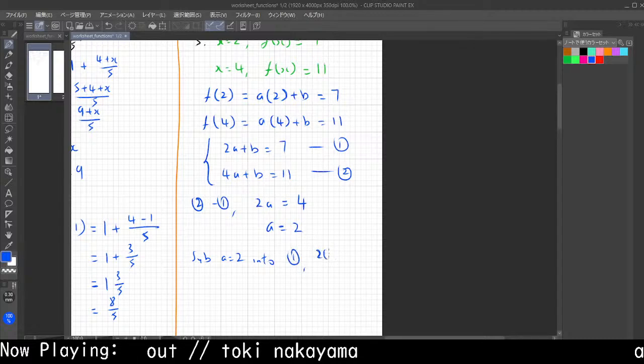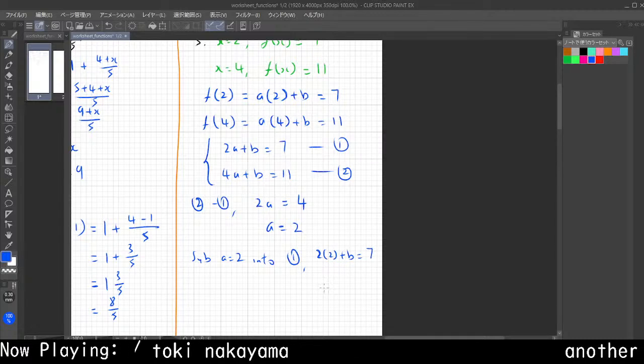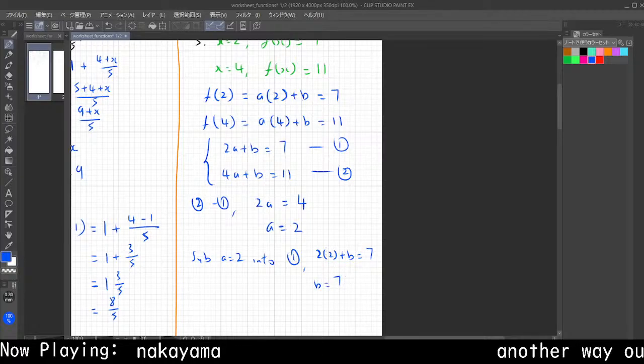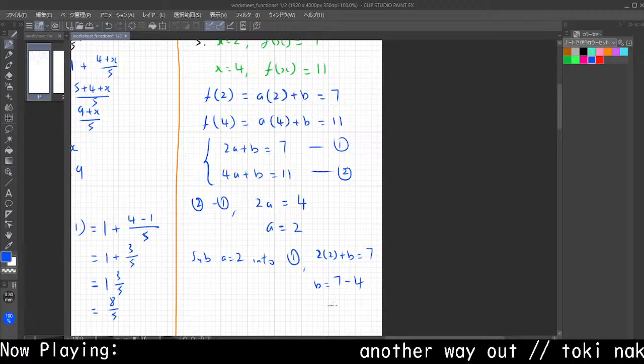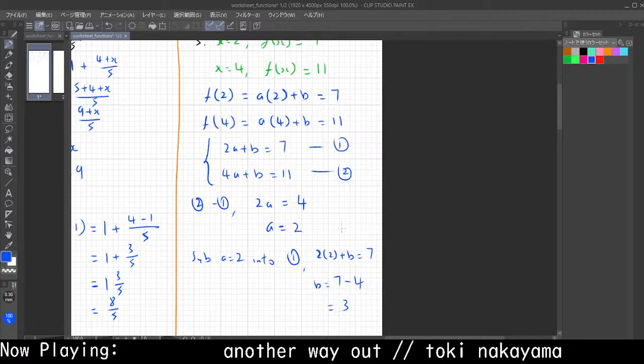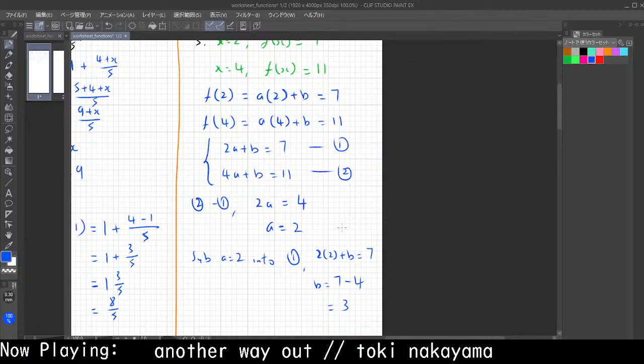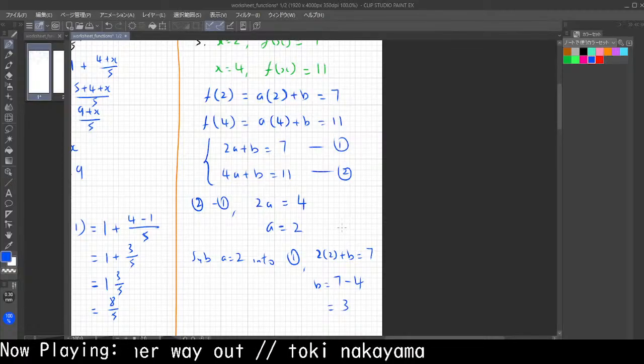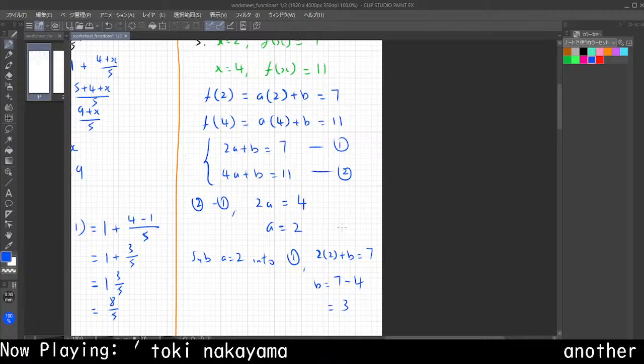So I get 2(2) plus b equals 7. 2 times 2 is 4, move it over to the other side, so b equals 3. So there you have it. Therefore the entire f(x) is 2x plus 3.